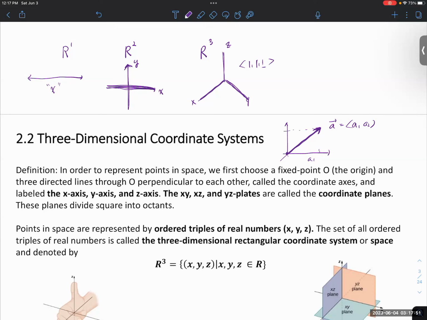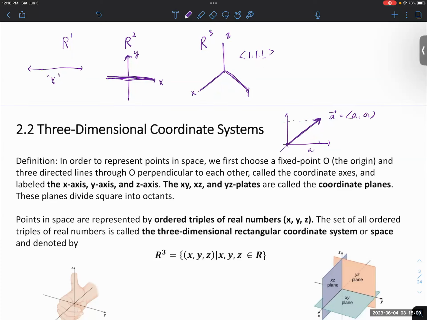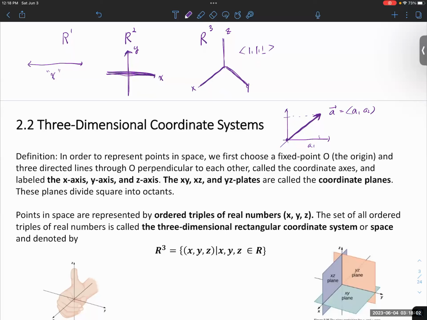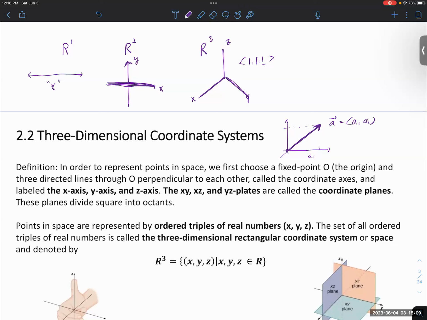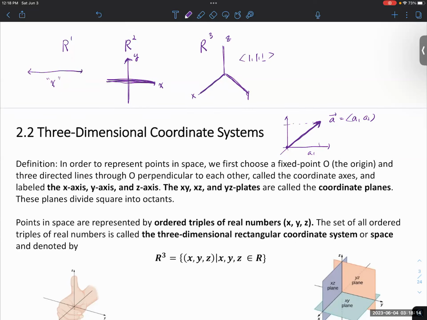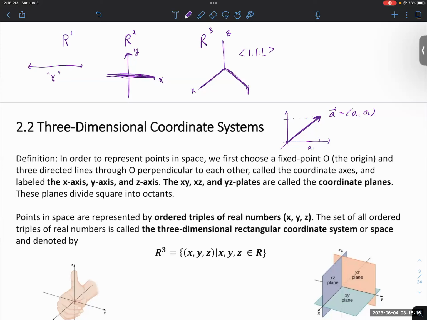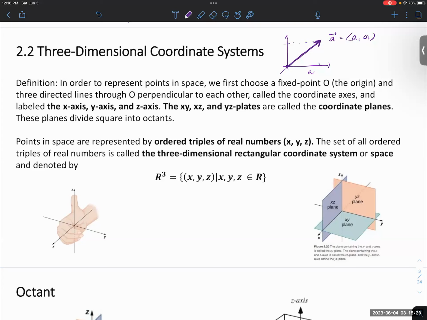So you are going to deal with three components, and we are going to describe the vector in three-dimensional space in 2.2. It's very similar in characteristic from one to three, we are just adding one more variable. One thing I want to point out is the difference between two- and three-dimensional space: you're going to have more combinations in space because you have three different variables. So let's take a look at the definition first.